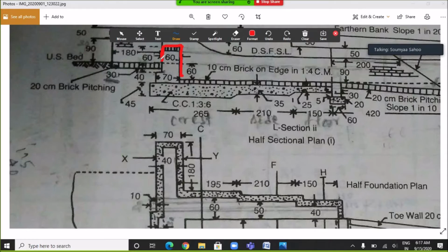So the total height for which pointing work is to be done will be 0.6 plus 0.6 plus 1.2, which is equals to 2.4 meter.